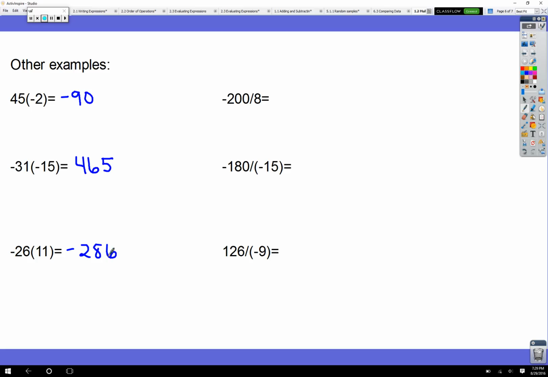Negative 200 divided by 8, the answer is going to be negative, and it will be a negative 25. Here we have a negative divided by a negative, so our answer is going to be positive, and it will be positive 12. Here we have positive divided by negative, and 126 divided by negative 9 would be a negative 14.